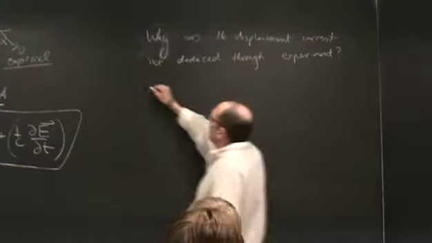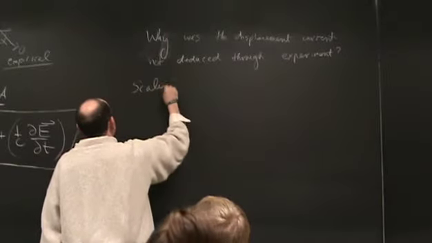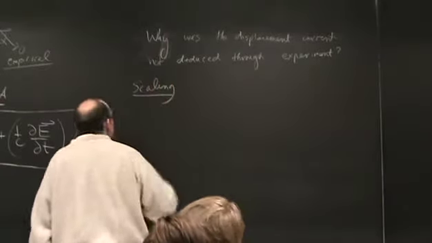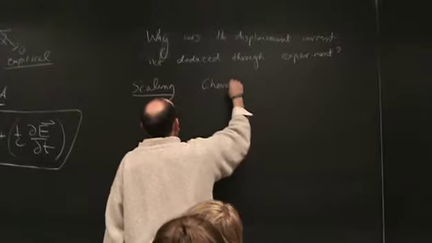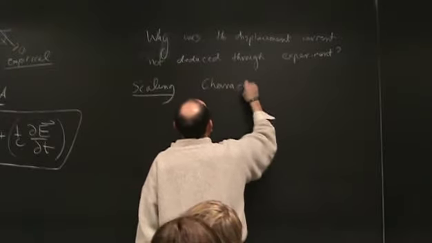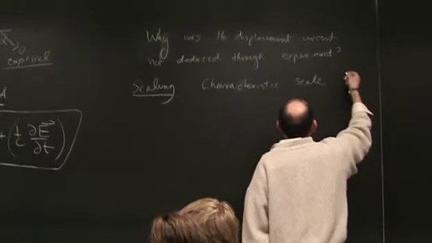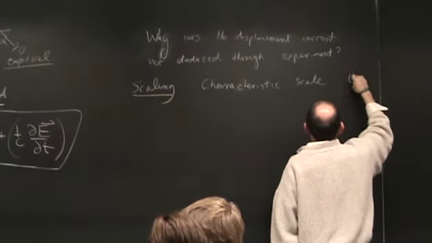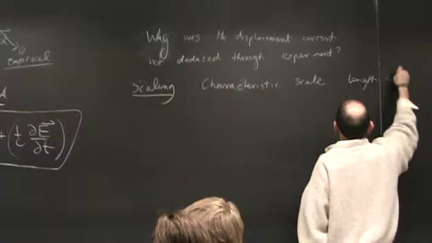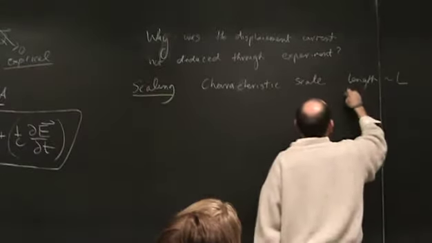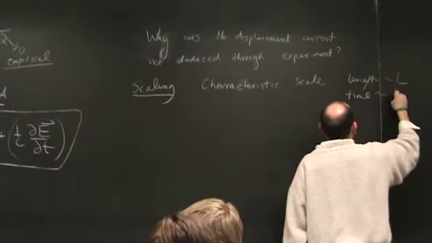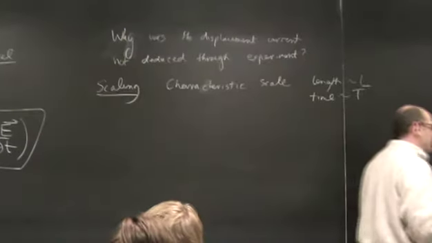Well, let's just do a scaling argument. Let's say L is the characteristic scale of length associated with my distribution and T is the time scale over which the charges are changing.